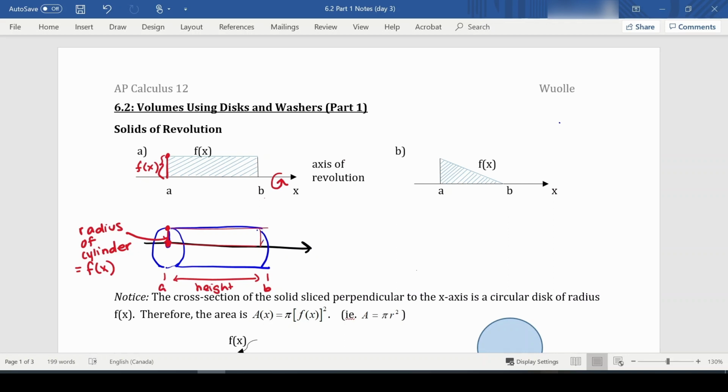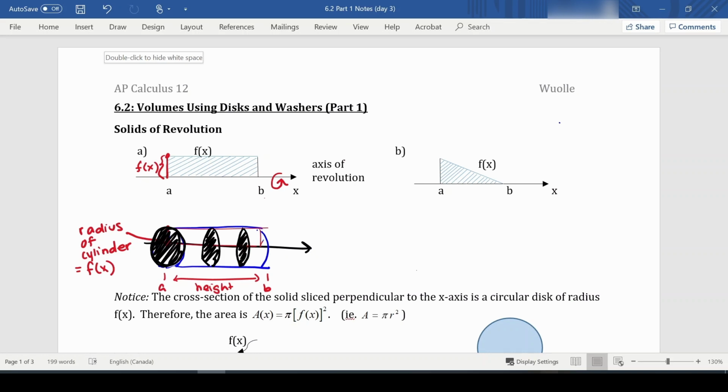Now, if we think about this in terms of our rectangles, we add all your rectangles up and you get a total area. In the case of a cylinder, we can think of this as a bunch of circles that are being added up from left to right over and over.